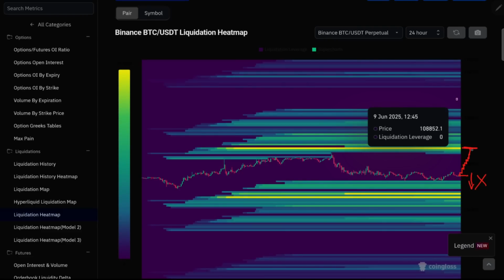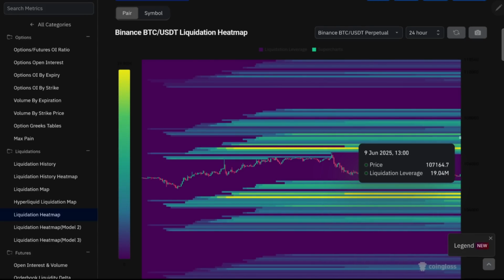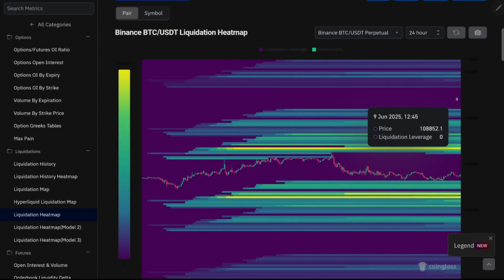But guys, my personal opinion is try avoiding taking short positions. One of the main reasons to avoid a short position is because it's not good to go long during a bear market or to go short during a bullish market. So whales, if they want to go long, they'll not go long directly. They will manipulate the market and push the prices down to this level here, and from here they will go long.